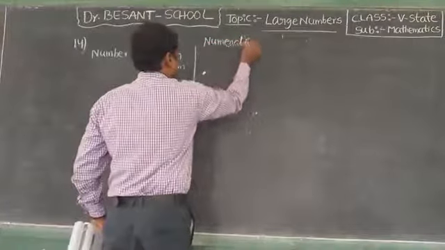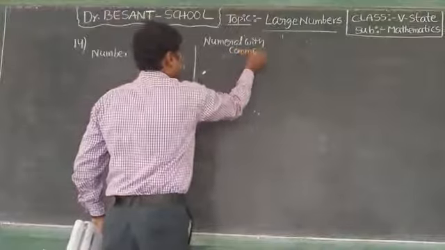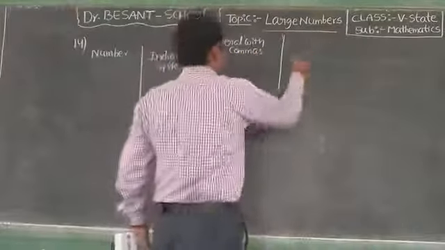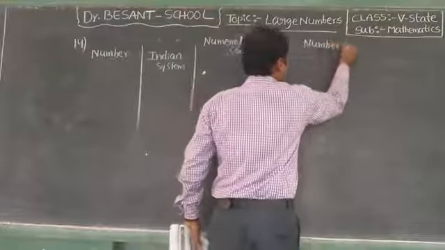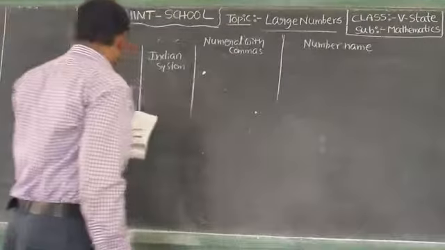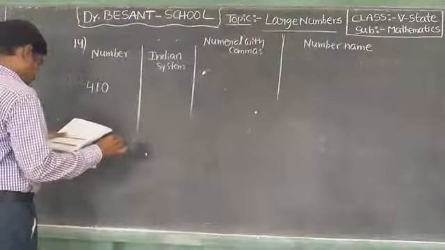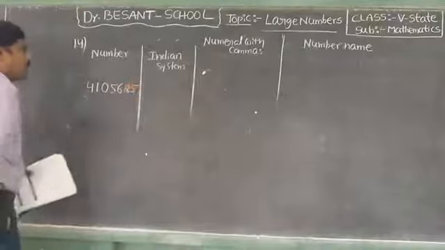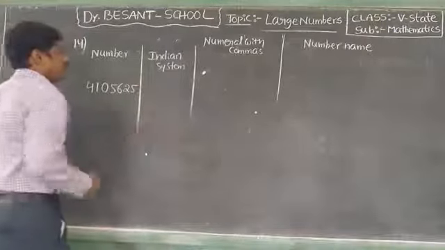Numeral with commas, next to number name. So what is the number? 4105625. This is first, the Indian system of numeration. Okay.